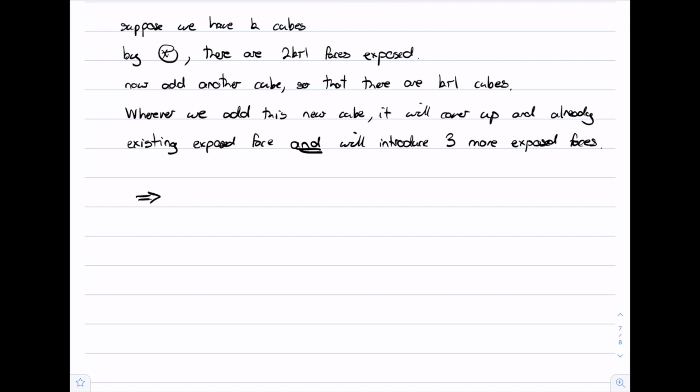So what does that mean? It means that the number of exposed faces is equal to the following. When we had k cubes, it was 2k plus 1. But then we added our new cube in, and what happened? We have to subtract one of those faces away, because it gets covered up by the new cube.